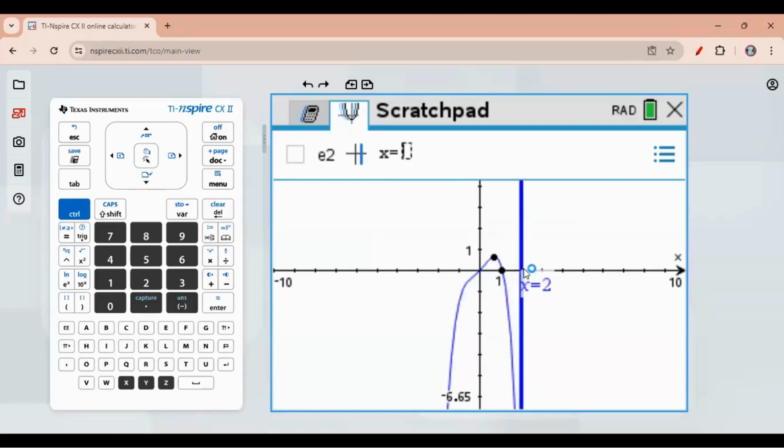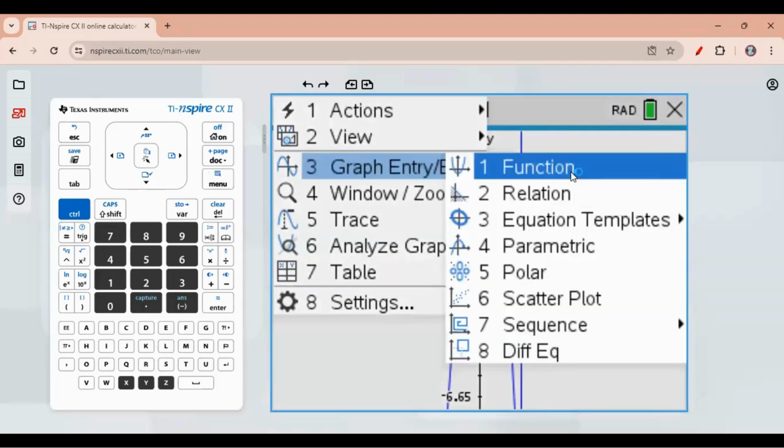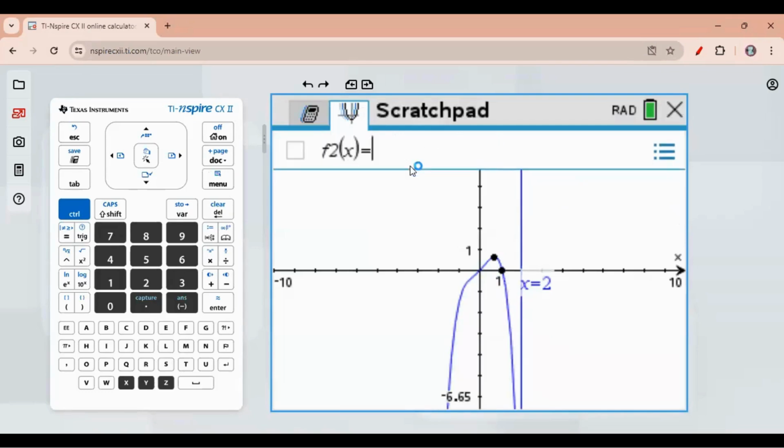So you got x equals 2. Now here f2 of x was missing. So f1 of x, and f2 of x is actually 0. And x equals 2 all came into the picture.